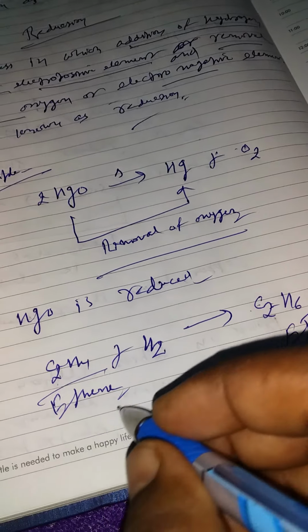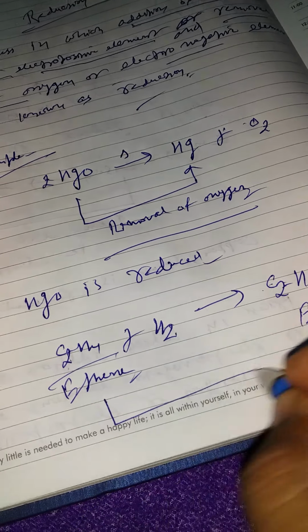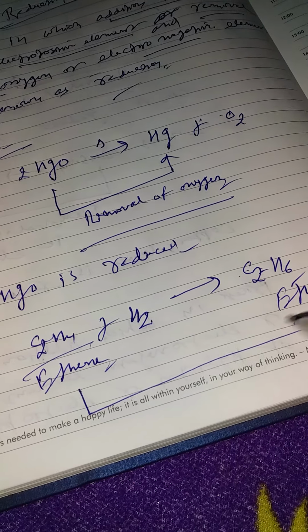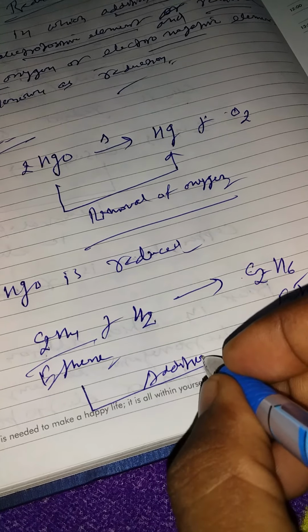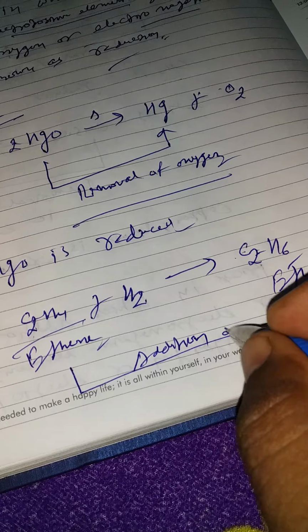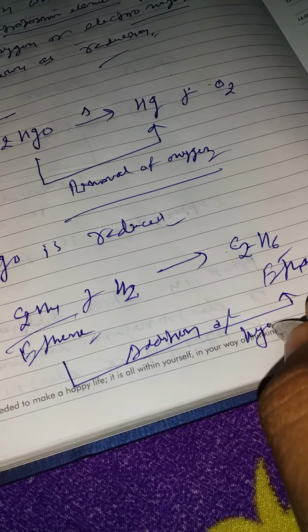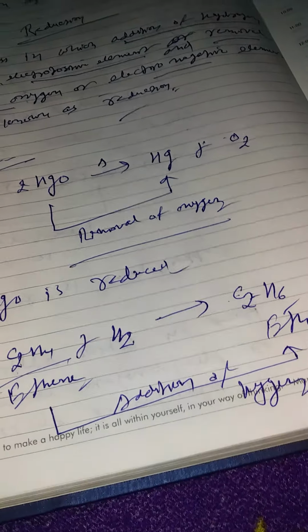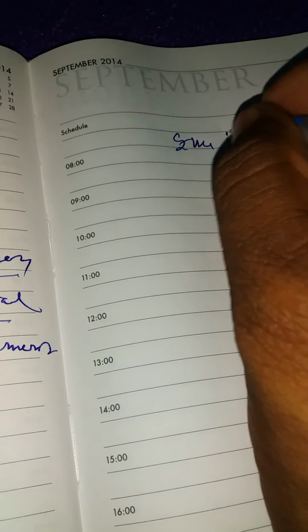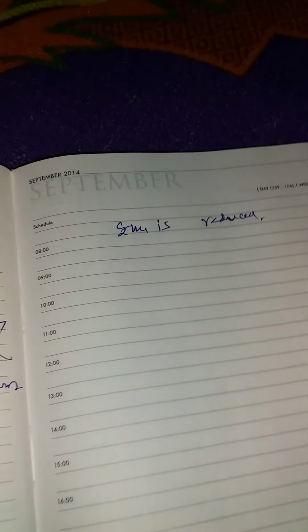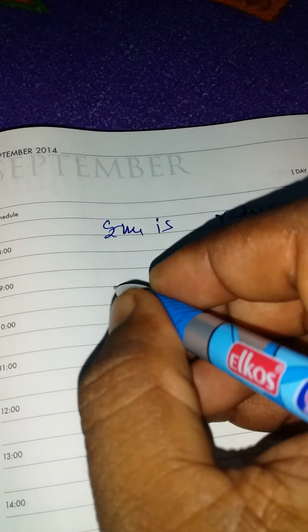Here we see that C2H4 converts into C2H6, that means addition of hydrogen, and addition of hydrogen is known as reduction, so C2H4 is reduced.